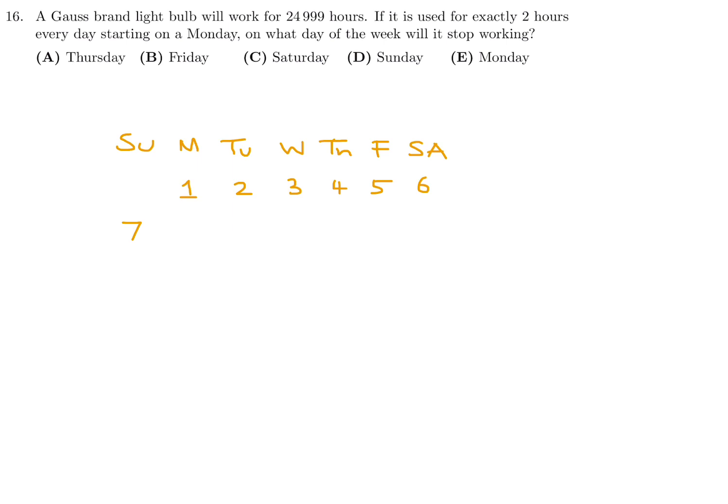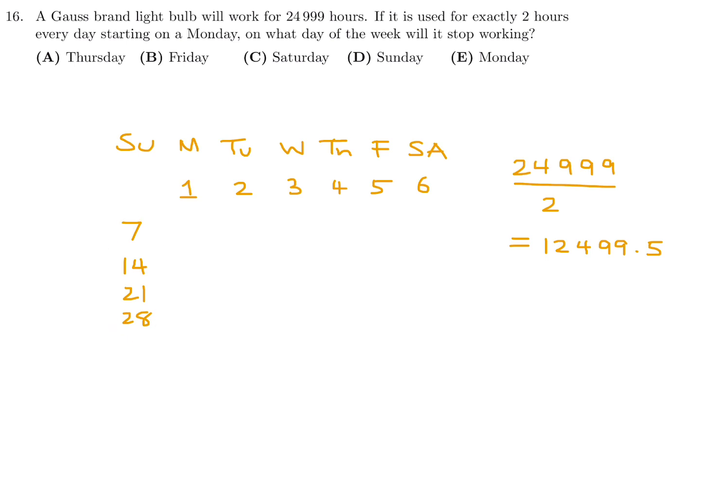Now, 24,999, that is the number of hours, and every day we're using it for 2 hours. So the number of days would be 12,499.5. Okay? Well, we've got to figure out how many multiples of 7, because day 14 and day 21 and day 28, these are all multiples of 7.